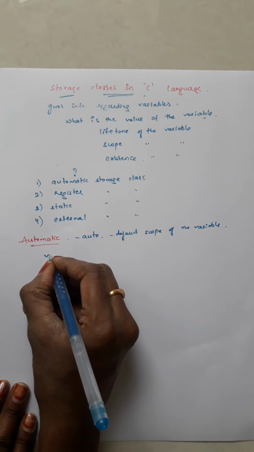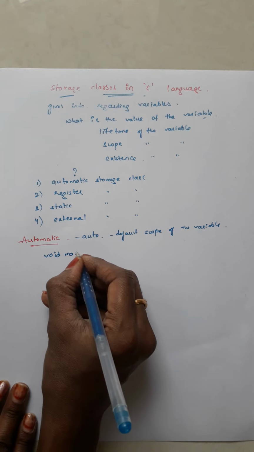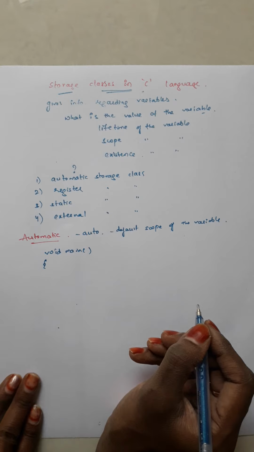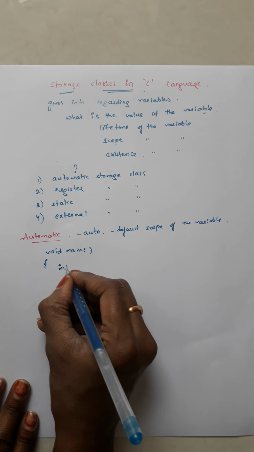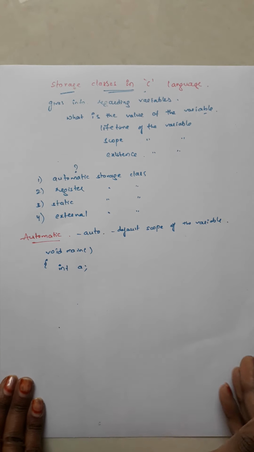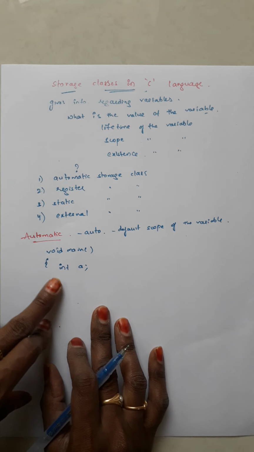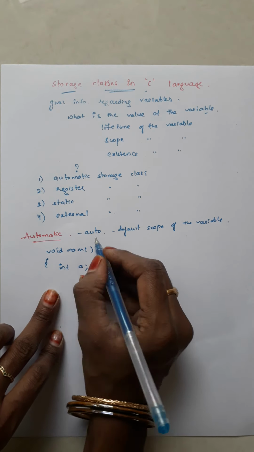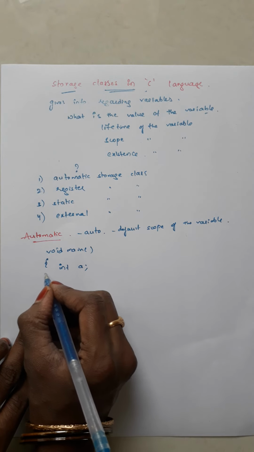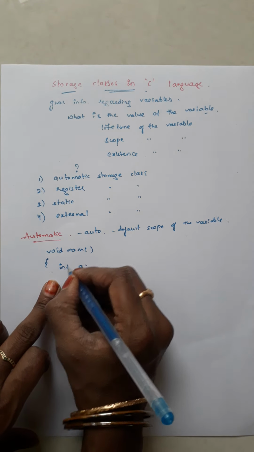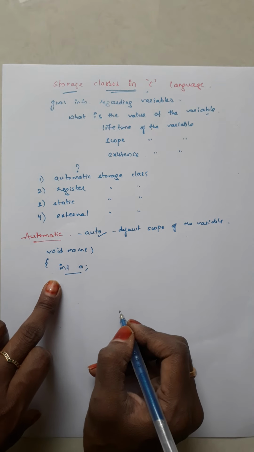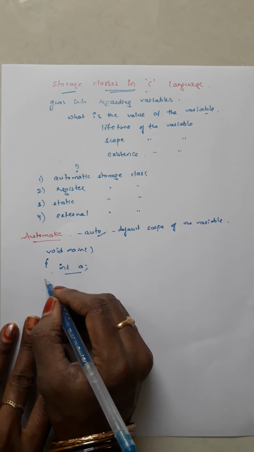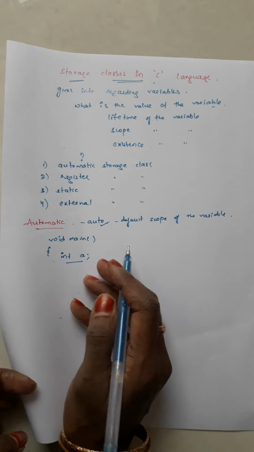So here in the main function, for example, we declare variables like this: int a, int b, int c. So this is the way we define. Here we didn't mention any keyword before int. So the default storage class of this variable is auto, whether we define the keyword or not.